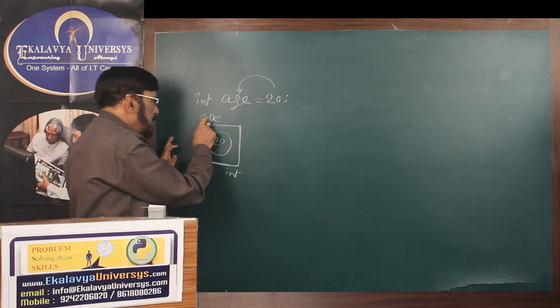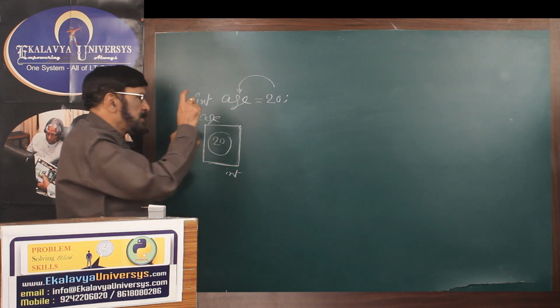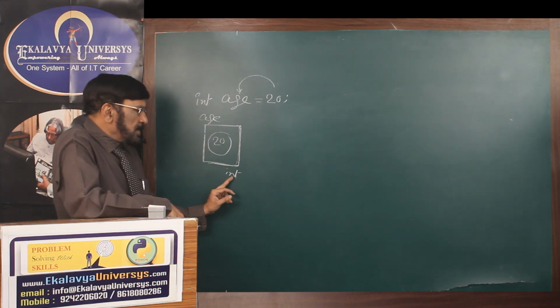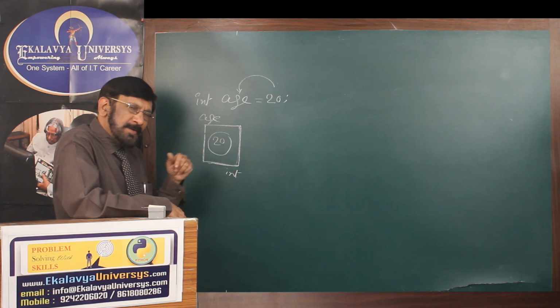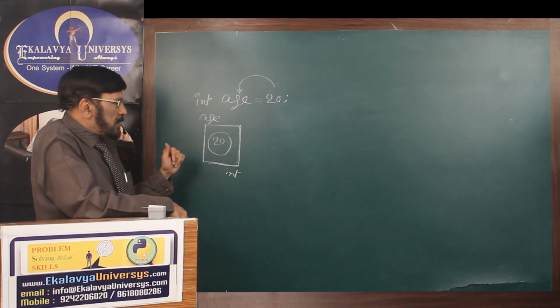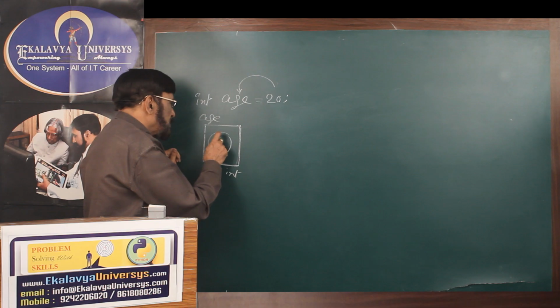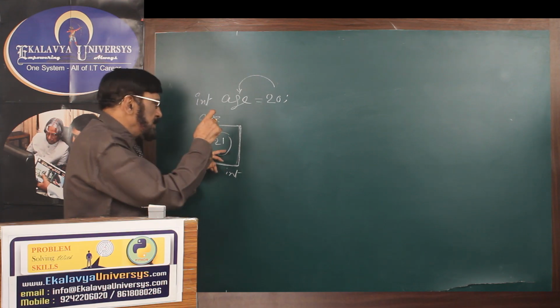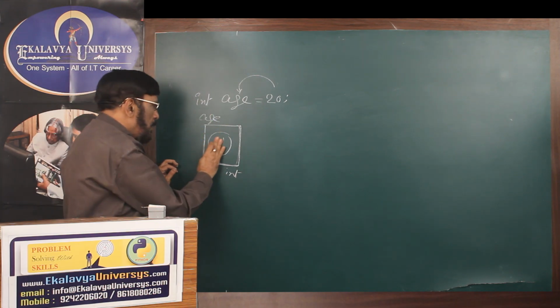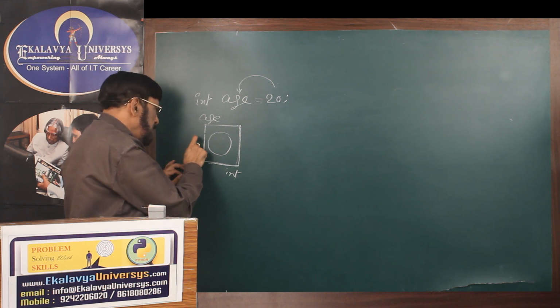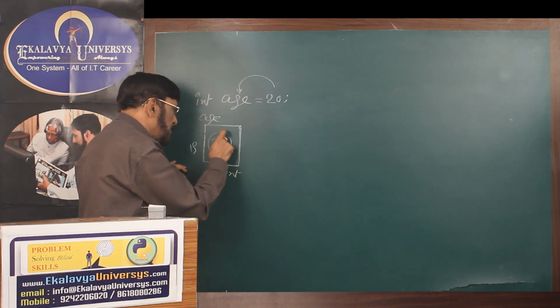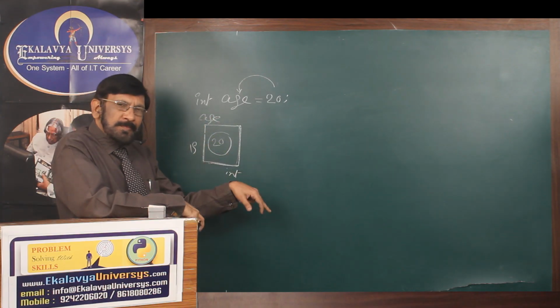Here the named memory container, what is the name of it? Age. What is the type? Int. In that we are storing one value, one constant. Why is it constant? Next year what would be your age? 21. So then 20 is replaced by 21. The previous year your age was 19, and 19 was replaced by 20. 20 will be replaced by 21.